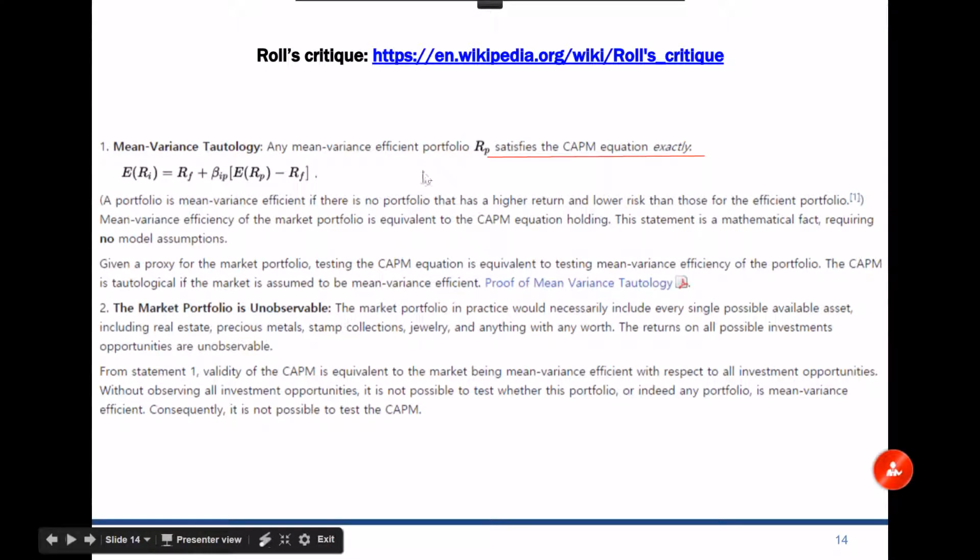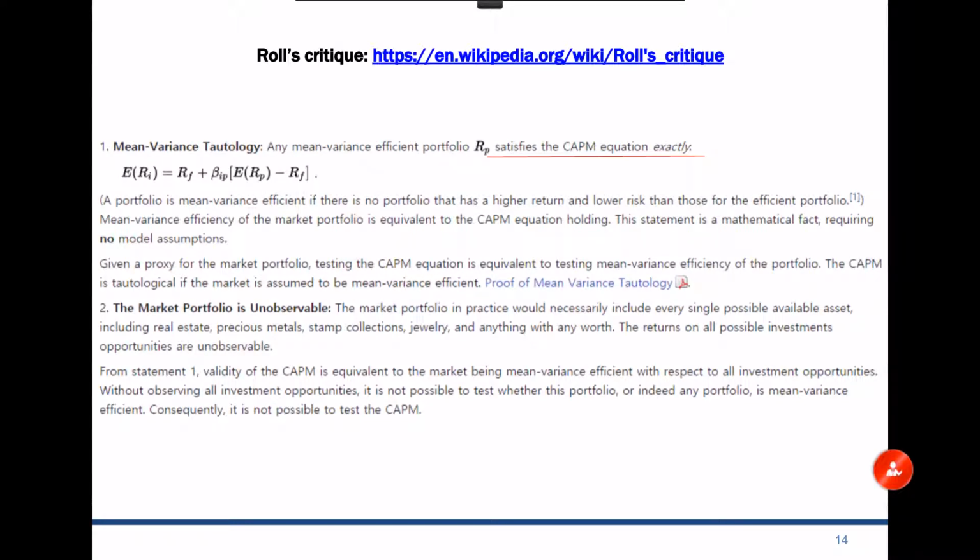If a portfolio is at the efficient frontier, the capital asset pricing model should always hold. So to summarize, if the market portfolio is on the efficient frontier, then the capital asset pricing model holds mathematically, tautologically. So it doesn't say anything.